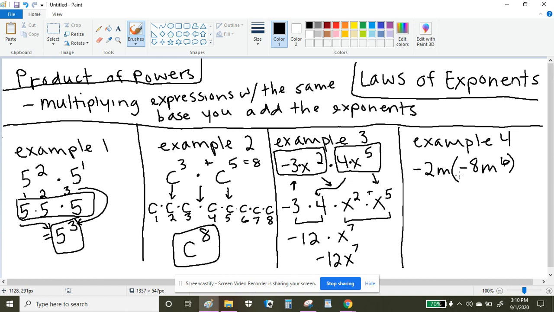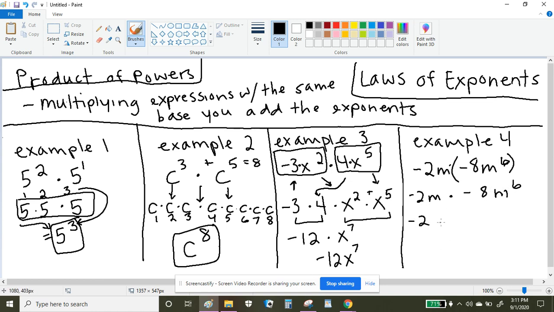So this one over here is going to work the same way. It just looks a little bit different because now I have the parenthesis. This still means that I'm multiplying this by this term. So we can rewrite it: negative 2m times negative 8m to the 6th. And we would do the exact same thing.